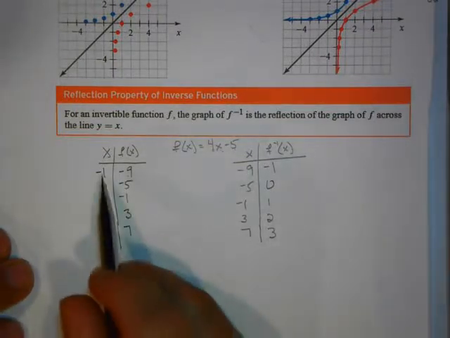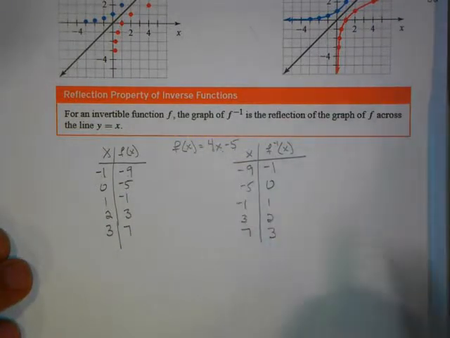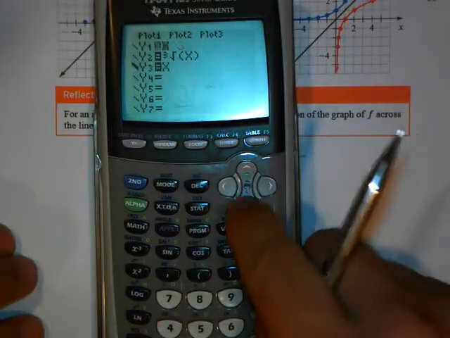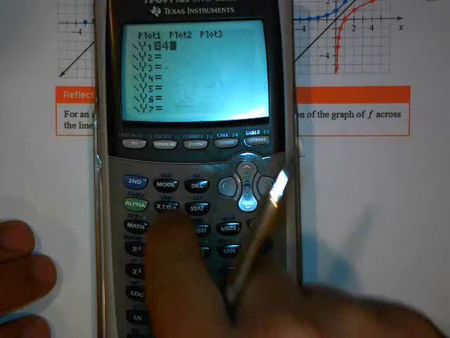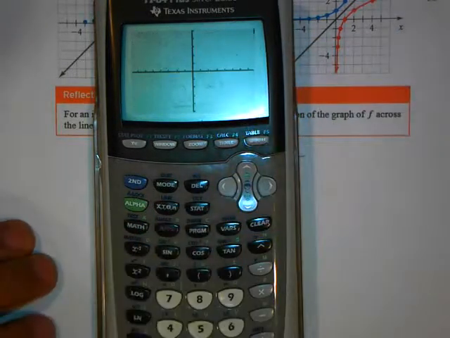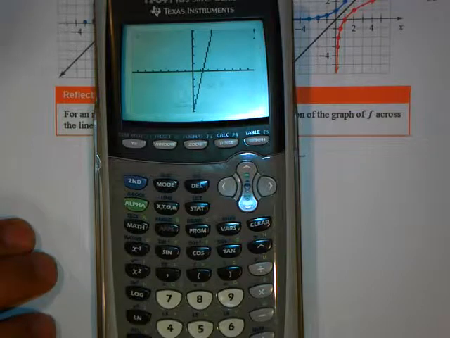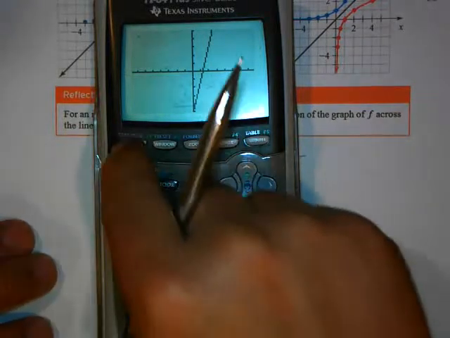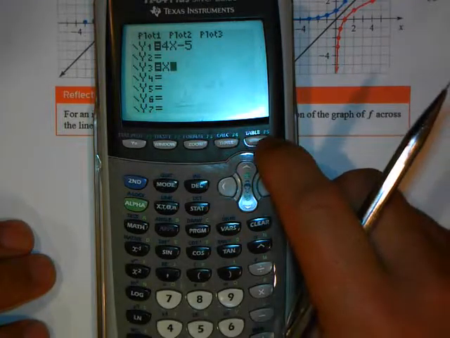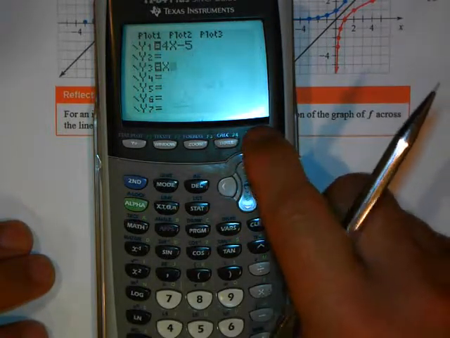So if I come back to here, and I'm going to clear this out, and I go 4x minus 5. And I'm going to graph. So here's my 4x minus 5, and if you want, in y3 I'm going to put x again. And if I graph now, I'm looking for that line that's symmetrical to this line.